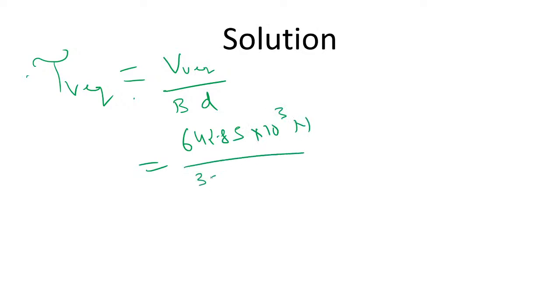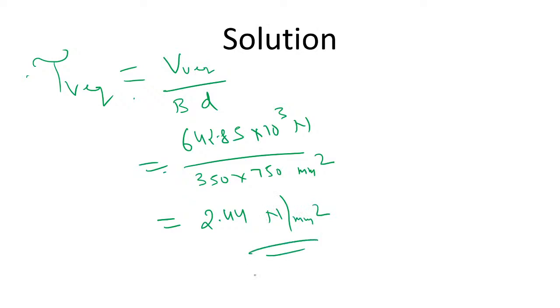Width of the section is 350 into 750 mm square. So it is 2.44 Newton per mm square. I think it is quite high.